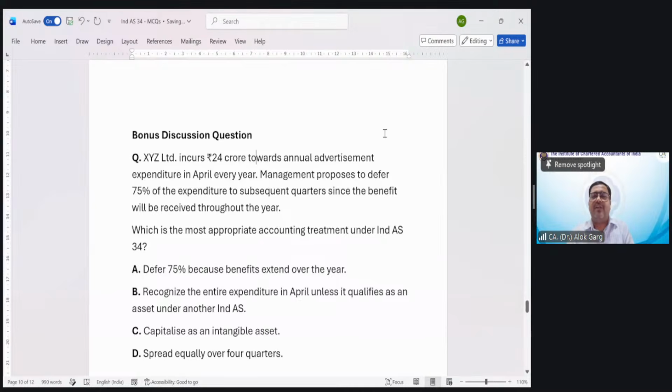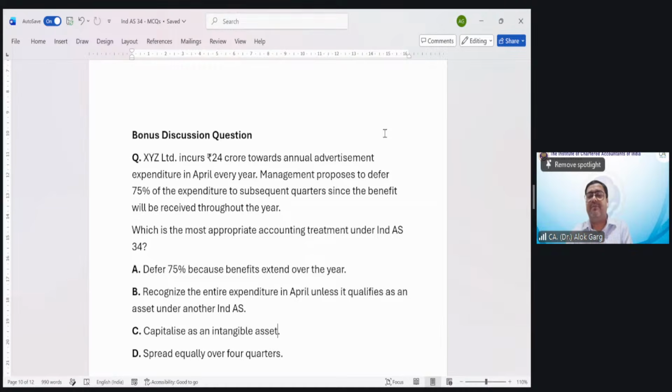XYZ Limited incurs 24 crore towards annual advertisement expenditure in April every year. So they spend 24 crore rupees on brand promotion, advertisement, right? Management proposes to defer 75% of the expenditure to subsequent quarters since the benefit will be received throughout the year. So they are incurring the expense in quarter 1, but they are extrapolating it over the full year. They are straight lining it, which is the most appropriate accounting treatment under Ind AS 34, right?